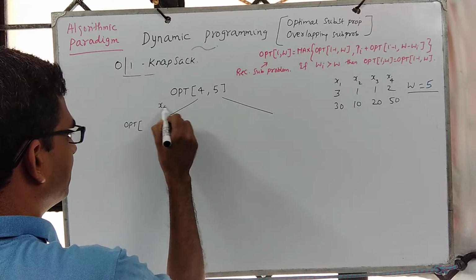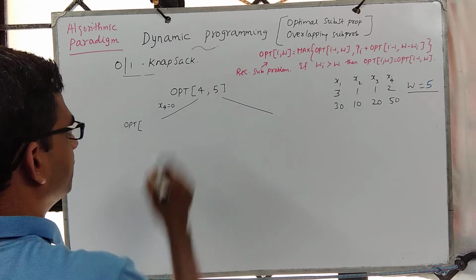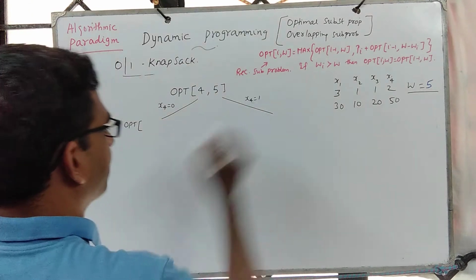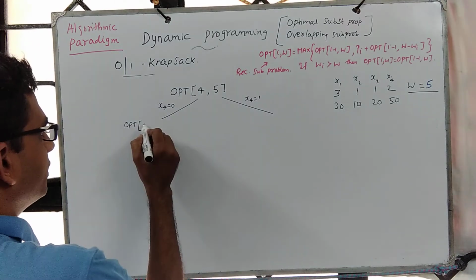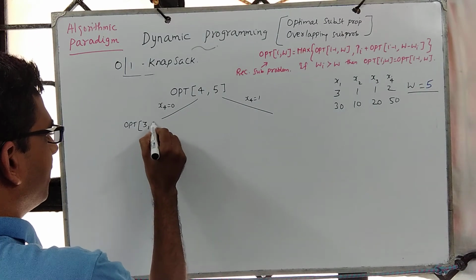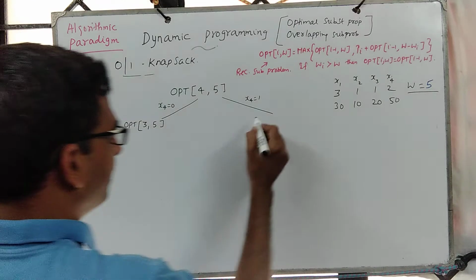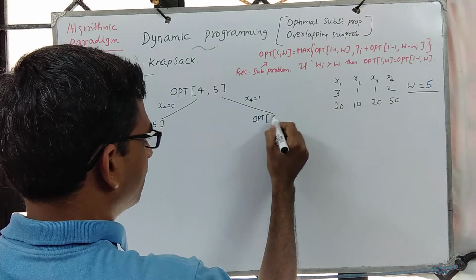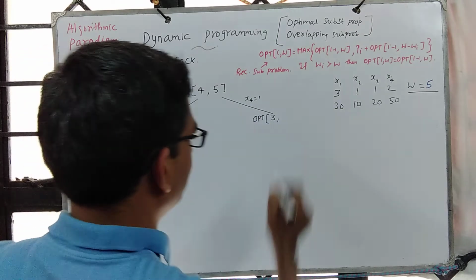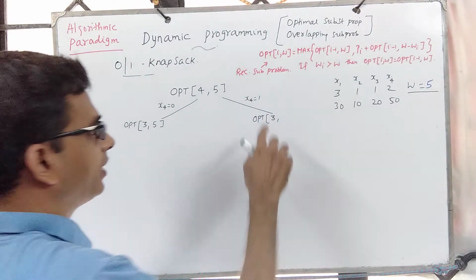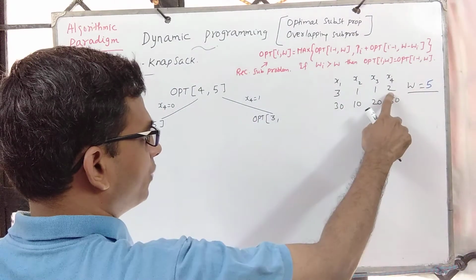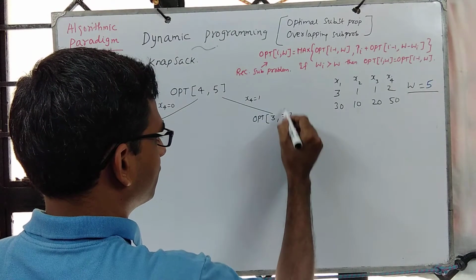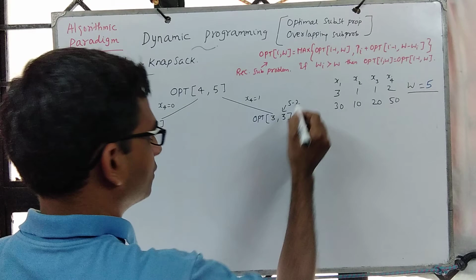For your reference, let me write x4 equals 0, and on the other side x4 equals 1. So this becomes 3 comma 5, the capacity remains the same. On this side we are including the object, so we will be working with the remaining objects 1, 2, 3, and having included this, the weight will be modified, which will be 3. So this is basically 5 minus 2.